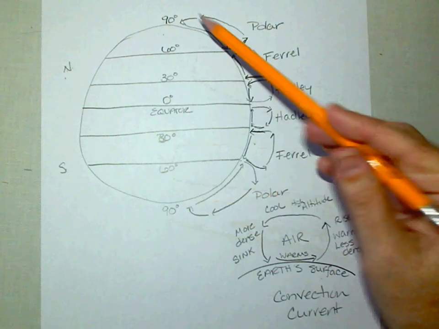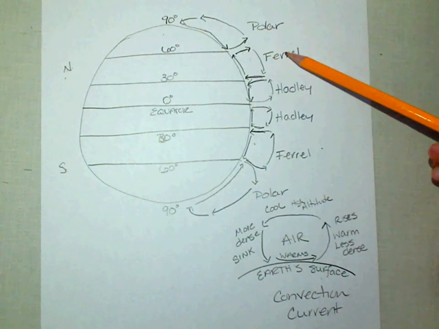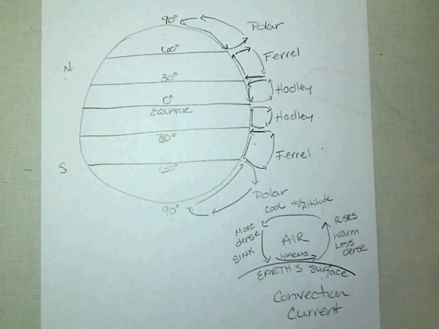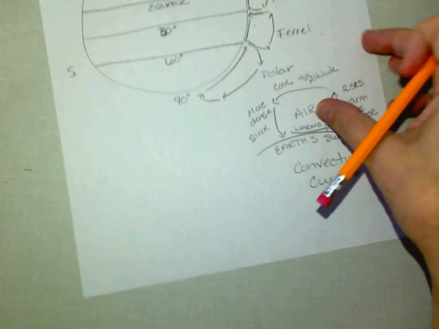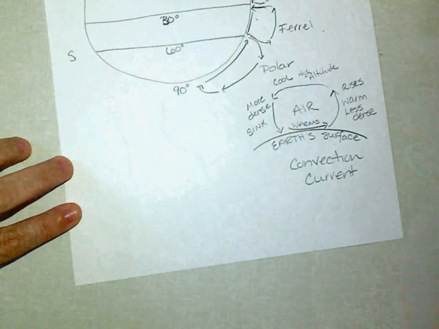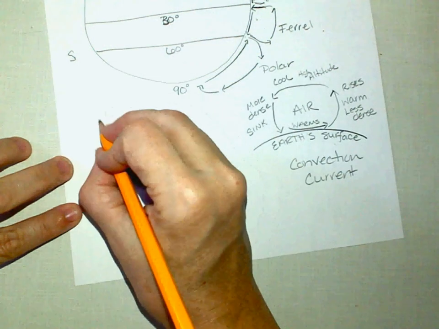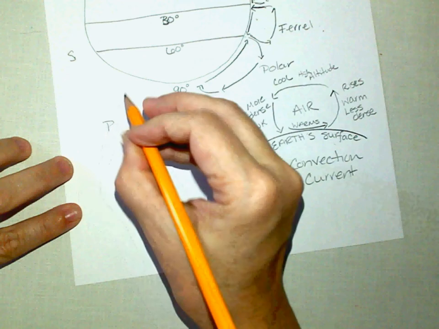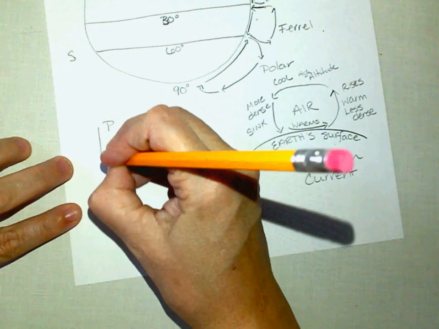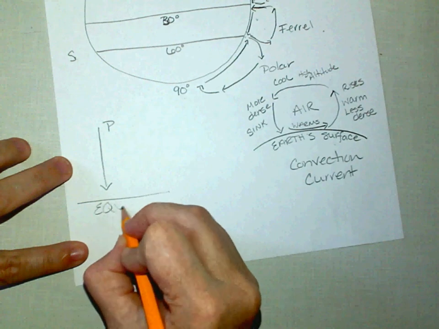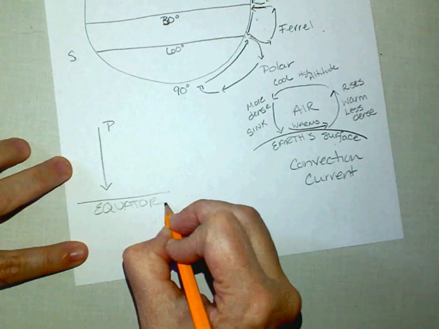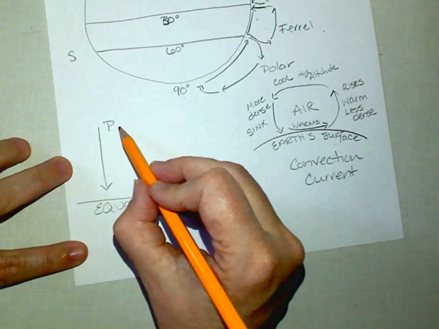And one way that I always try to remember it is polar, Ferrel, and Hadley. If I'm up here at the poles and I'm walking from the pole down to the equator, I'm going to hit the polar, then the Ferrel, then the Hadley, right?